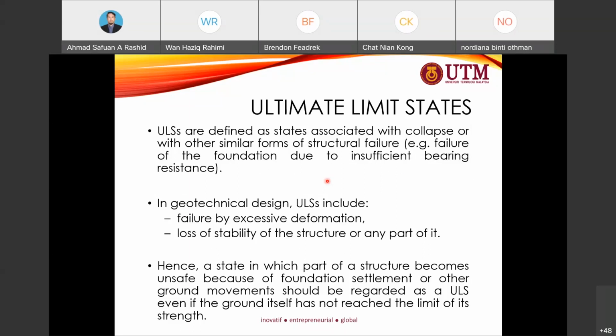A state in which part of a structure becomes unsafe because of foundation settlement or ground movement should be regarded as a ULS even if the ground itself has not reached the limit of its strength. So when it has very excessive deformations, we can still consider it under ULS as well.